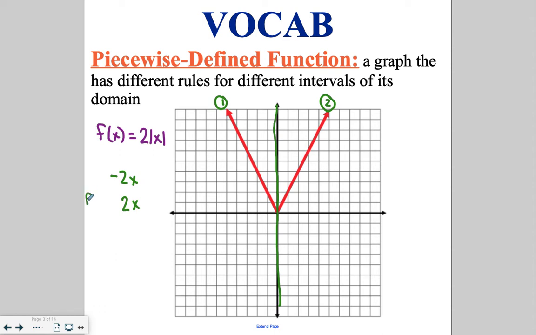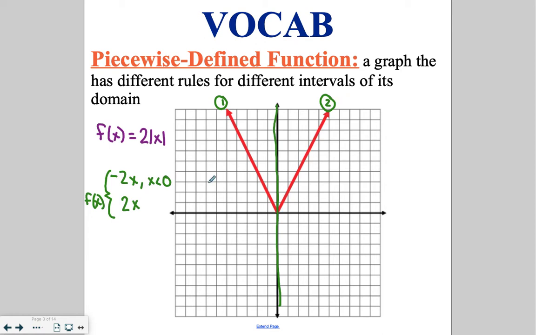So if we wrote it out as a piecewise function, we would say f of x is equal to these two things. And we would also define when the change happens. So this first part is happening when the x values are smaller than 0.